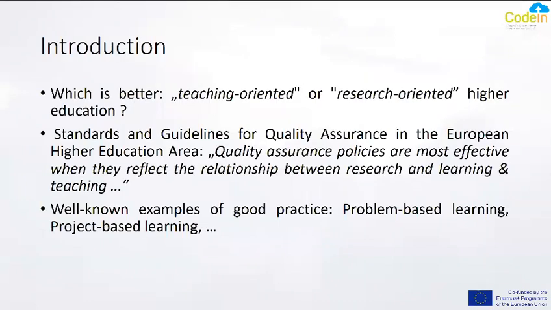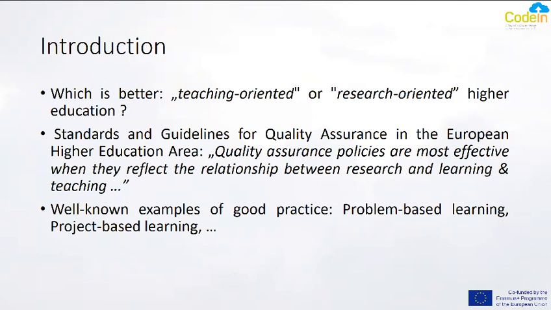In today's higher education, it is common to divide universities into those that are teacher-oriented and those that are research-oriented. However, research orientation is not essential for the quality of a higher education institution without a clear link between scientific research and teaching.